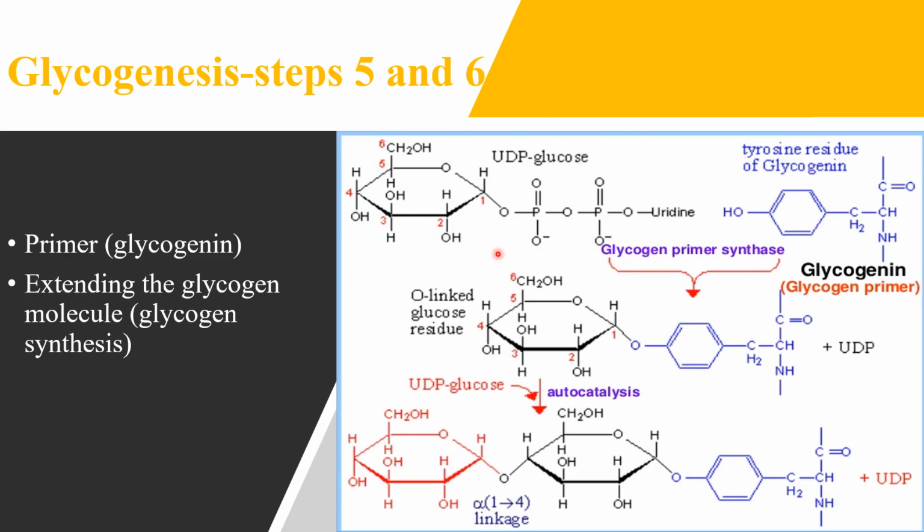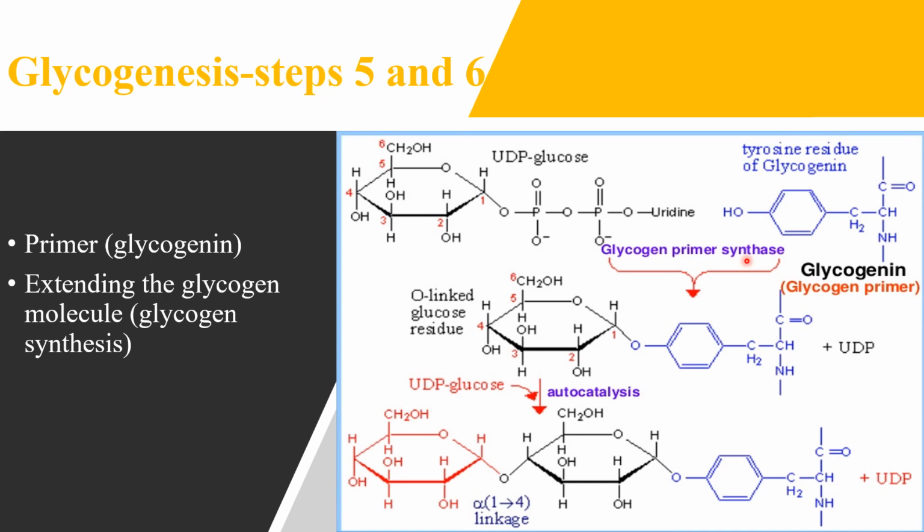So once we have a bunch of these UDP glucose molecules, the enzyme glycogenin uses the UDP glucose molecules to create a primer, which is a short sequence of glucose molecules that are linked by 1,4 glycosidic bonds, because glycogen synthase needs the primer to begin the process of extending that glycogen.